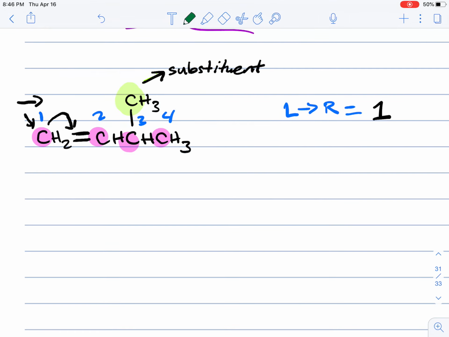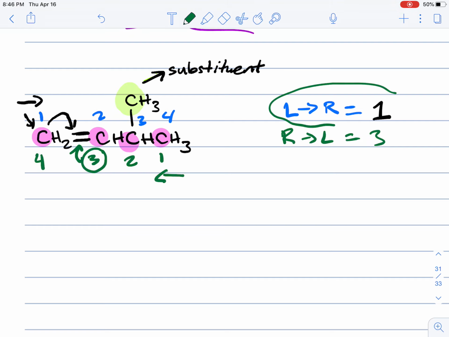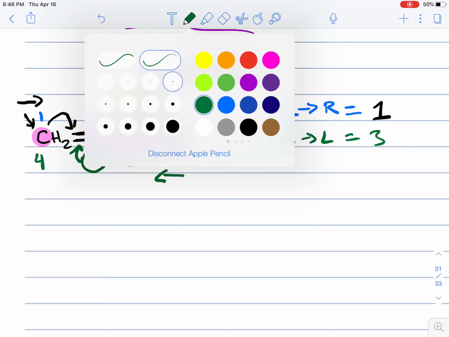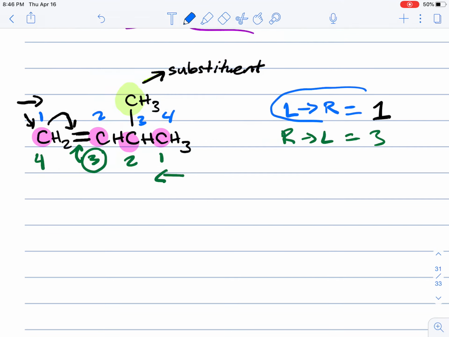Now if I go from right to left, so this is 1, 2, 3, 4, notice that on the third carbon, I'm hitting the double bond. So I'm going to say 3. And so once again, it looks like the winner, the lowest value, is 1. And so therefore, I'm going to go ahead and cross that out. This is the wrong numbering system.